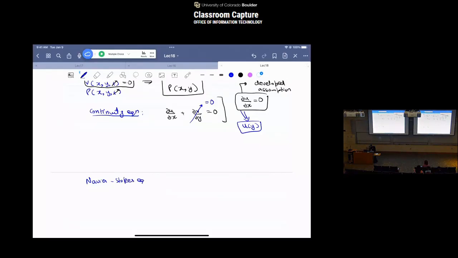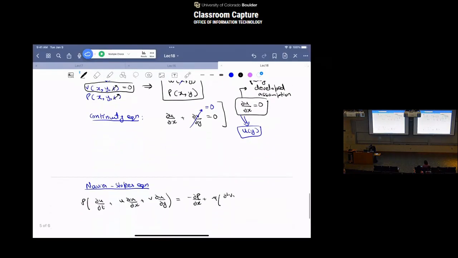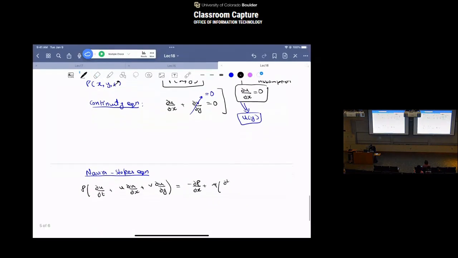Navier-Stokes equation: rho times del u by del t plus u del u by del x plus small v del u by del y is equal to minus del p by del x plus mu times del square u by del x square plus del square u by del y square, plus rho gx.